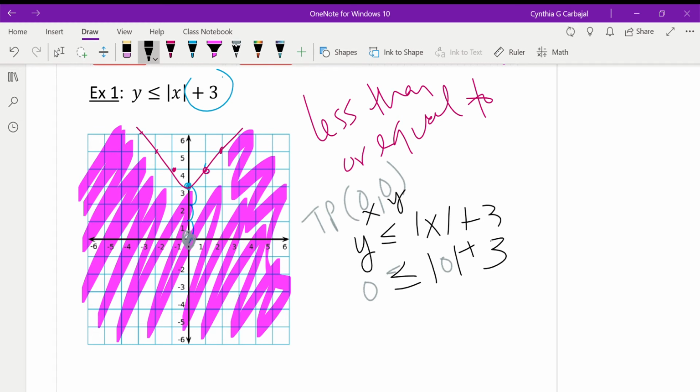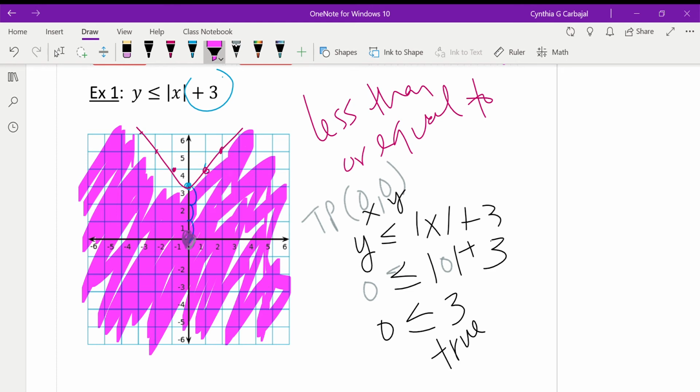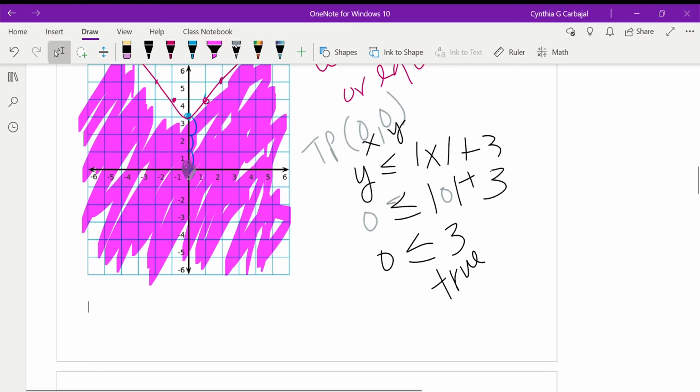Well, the absolute value of 0 is 0, plus 3 would just be 3. It says 0 is less than or equal to 3. Is 0 less than or equal to 3? Yes, it is. So this is true. So we know that we should shade in that direction because that is the solution to this inequality. So yes, we shaded in the correct spot.